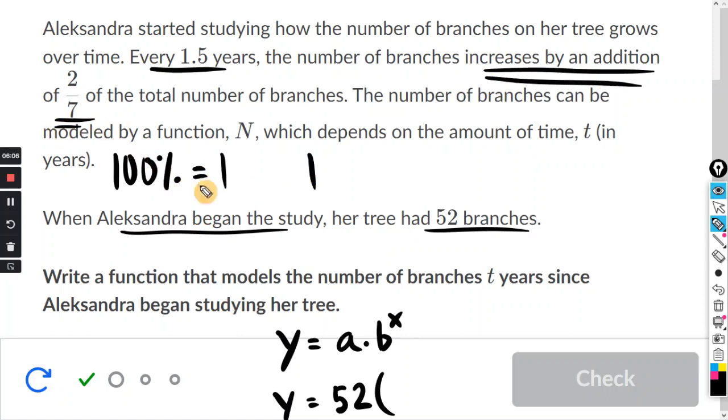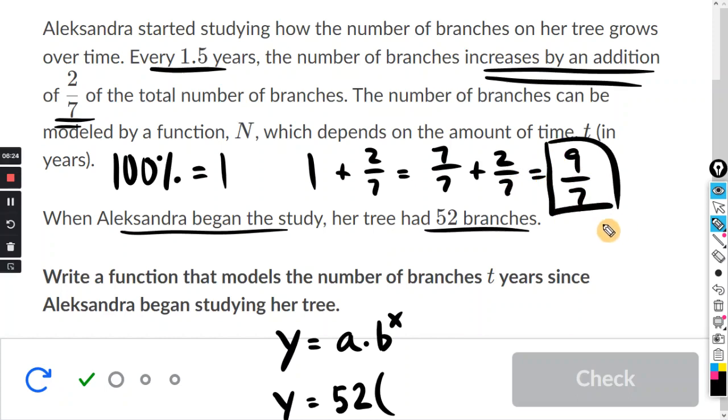So if we take 100% or 1 and add 2/7, we know that 1 is the same as 7/7. And if you add that to 2/7, that's going to equal 9/7. Okay, so if you multiply by 9/7, it makes it increase by 2/7.